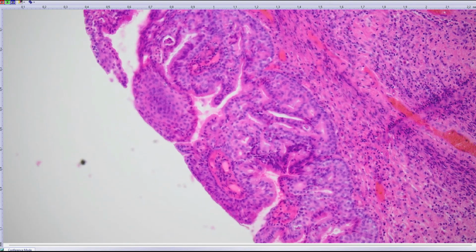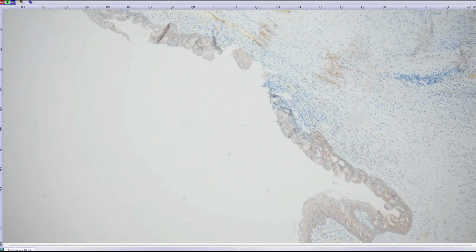And we found first by immunohistochemistry, BRAF mutation, which is positive even in these areas that look like inverted papilloma.